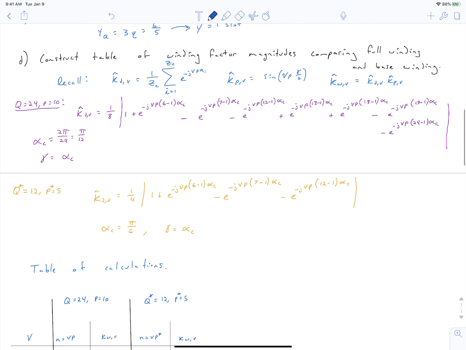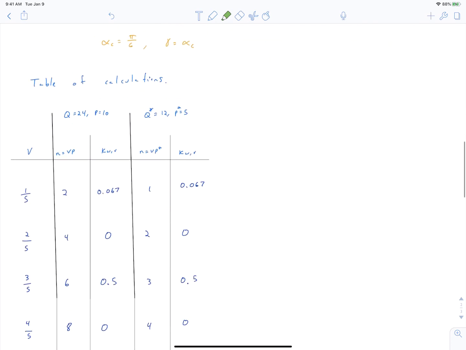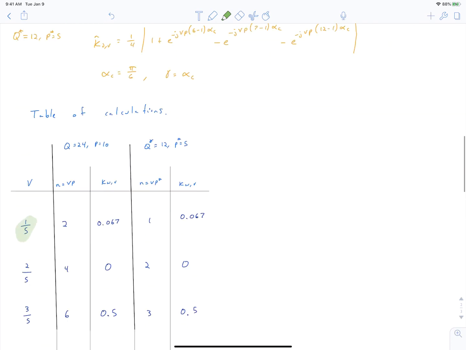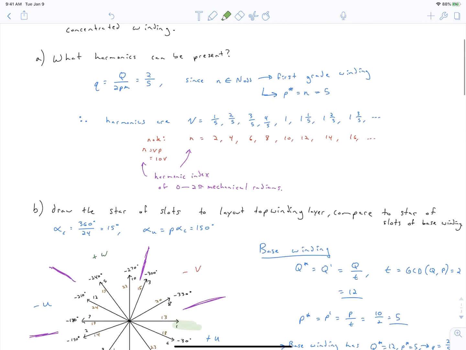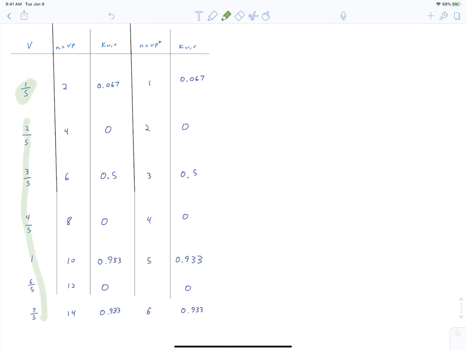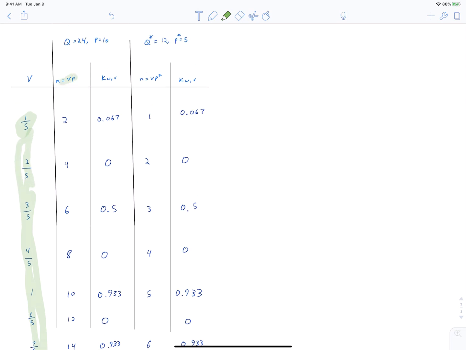So if you evaluate these expressions up here that we've established and use that to calculate the winding factor by using this, you get the following values that I've already loaded in this table. So starting with V equals 1/5, remember this was the lowest order harmonic that we expected to find in our winding from up here. So we wrote out this table for these values of V, and then moving left to right, we calculated what N is for those values of a winding.